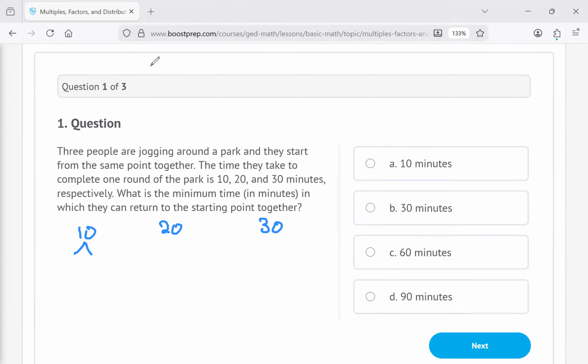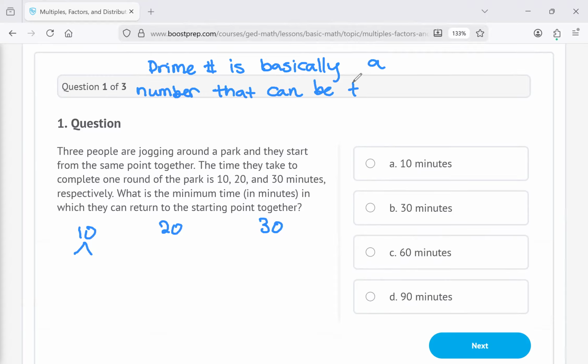By the way, what is a prime number? If you forget what a prime number is, write this down: a number that can only be times by one and itself.